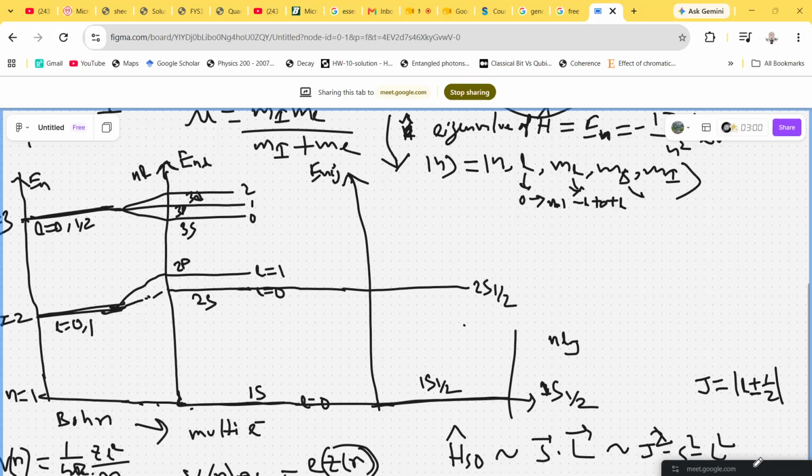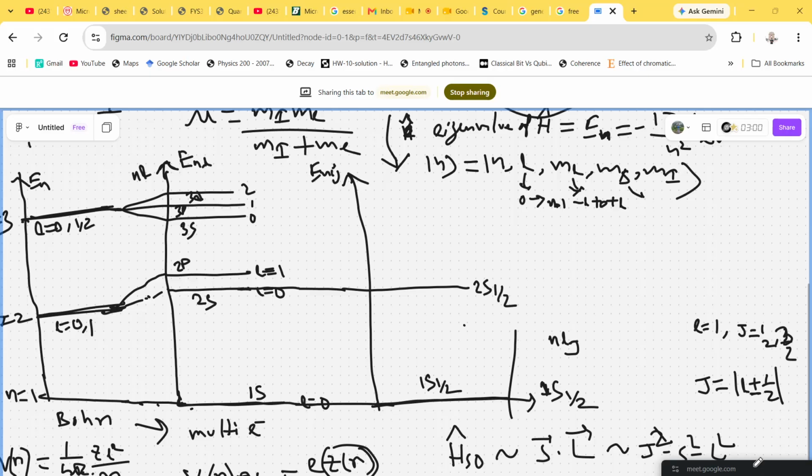But when L equals to 1, J can have two values: 1 minus half and 1 plus half, that is half and 3 by 2.